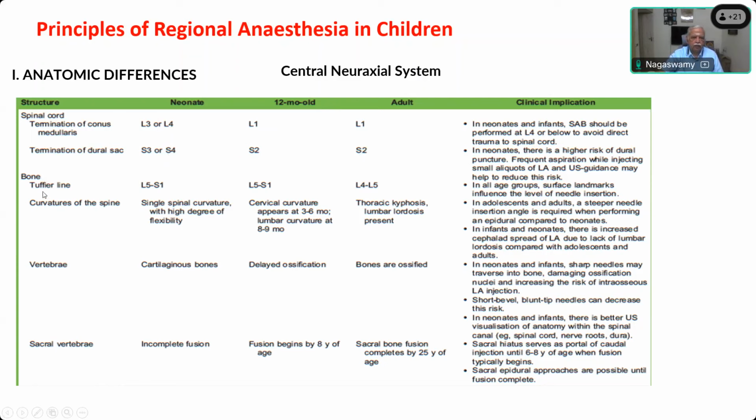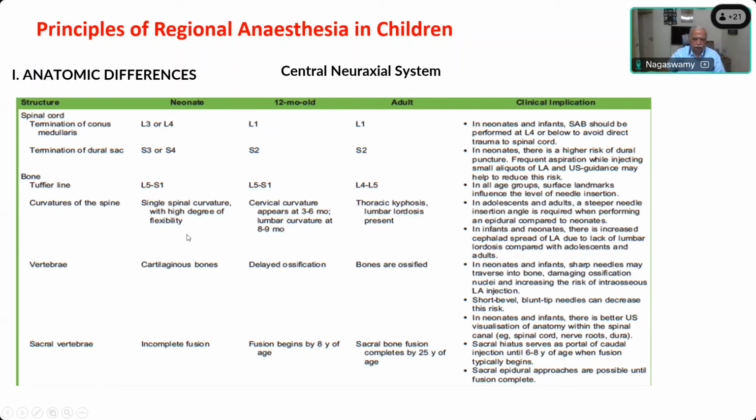Now coming to the bone, the Tuffier's line, which we normally choose for the adult identification of the lumbar interspace. In adults, as all of you know, it is L4, L5. That is the imaginary line between the highest points of the iliac crest, called the Tuffier's line. And here it is at the L5, S1 level, which is a little lower.